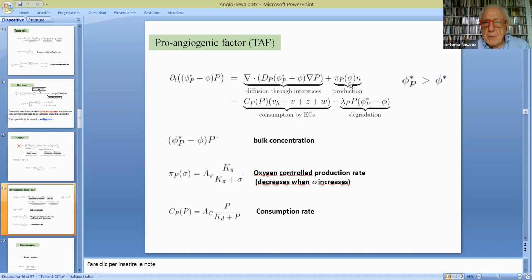And here we have the production of angiogenesis factor by the tumor cells, which depends very much on the oxygen concentration, because production starts when the oxygen concentration falls below some threshold. And of course, these molecules attach to the epithelial cells to stimulate angiogenesis, so they are absorbed, and there is some natural degradation.